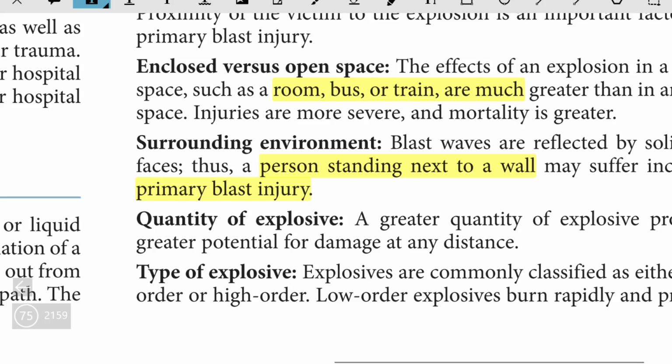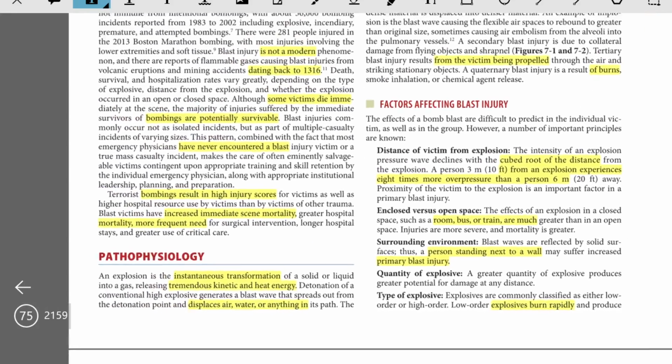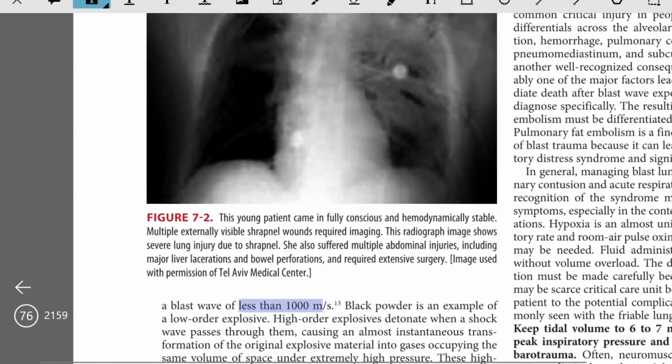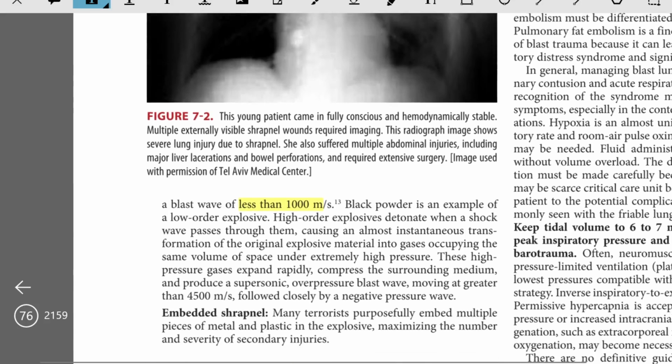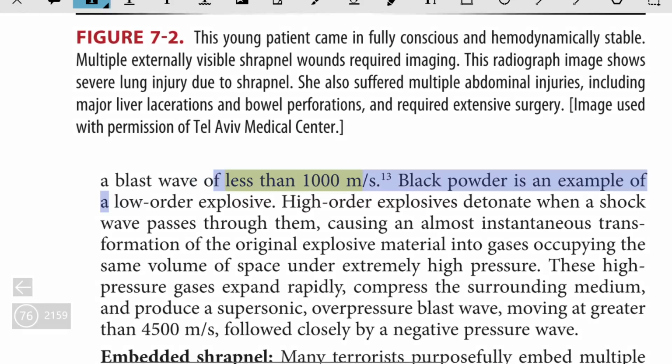Explosives are commonly classified as either low order or high order. Low order explosives burn rapidly and produce more of a blast wave of less than 1000 meters per second. Black powder is an example of a low order explosive.